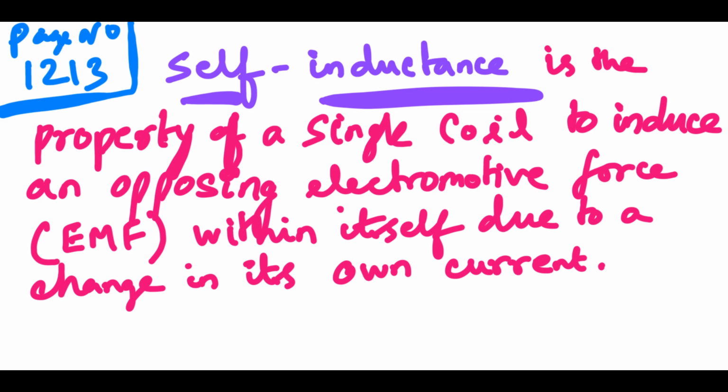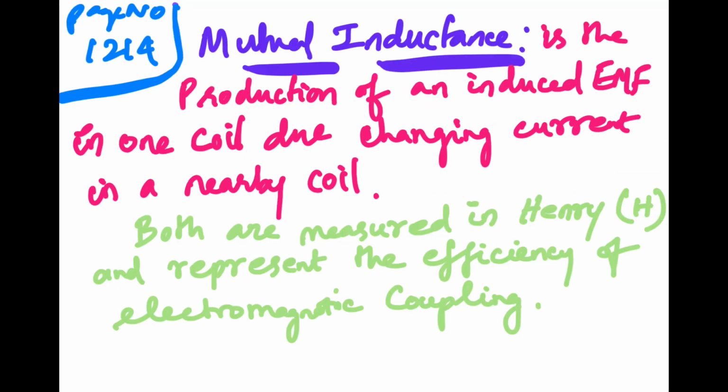Self-inductance is the property of a single coil to induce an opposing electromotive force, EMF, within itself due to a change in its own current. Mutual inductance is the production of an induced EMF in one coil due to a change in current in a nearby coil.